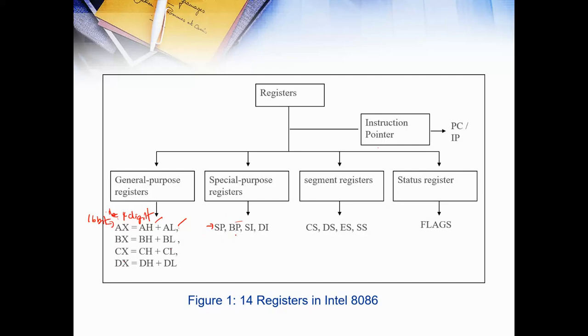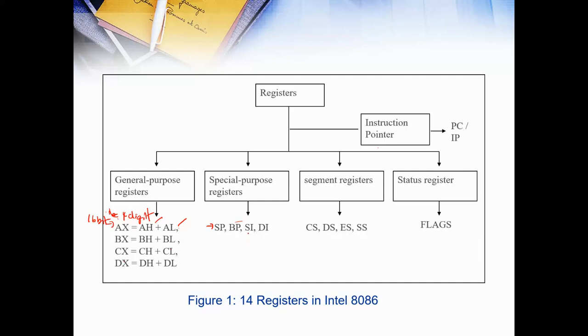Then you have BP, which stands for base pointer. The base pointer normally holds the address of memory which is the beginning of the current procedure of the stack. Then you have the source index, the register used to hold the address of the source in string and memory operations. It holds the address of the source of the memory address.